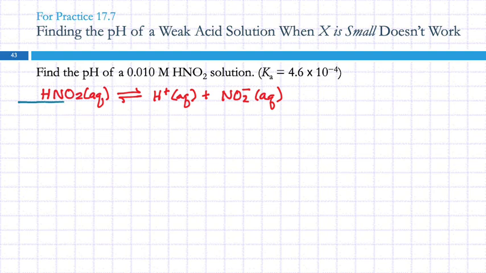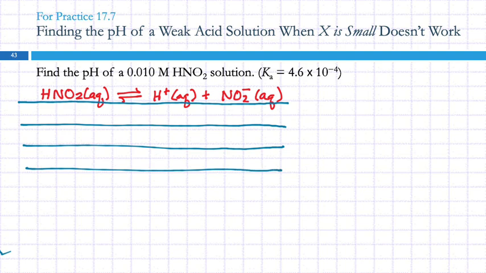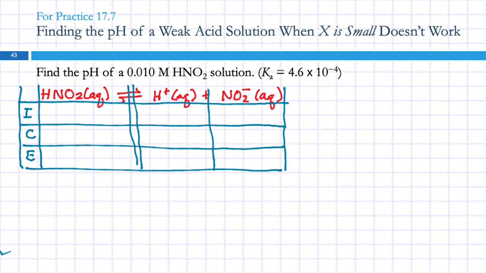I'm realizing that that is way off to the side, so I'll move that guy over. And another ice table. ICE. Okay. Initial concentration for the acid? 0.010. This is the molarity that they give us.